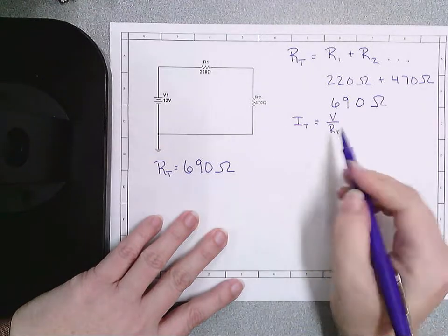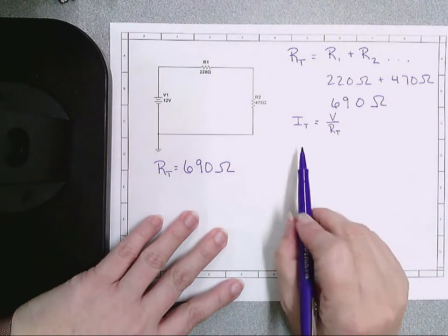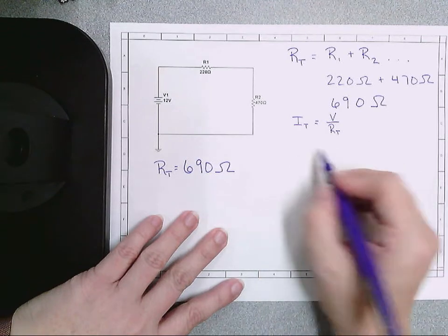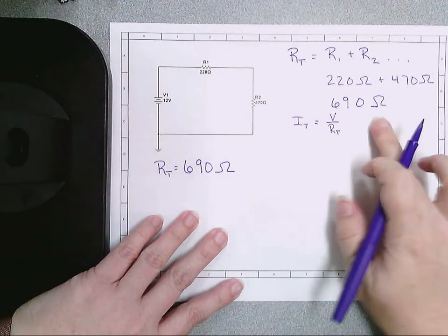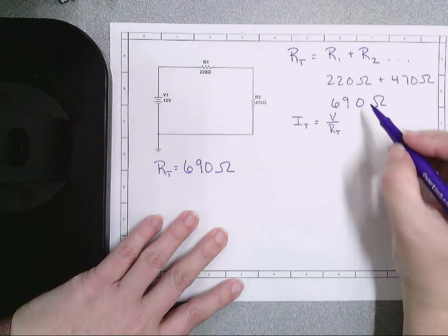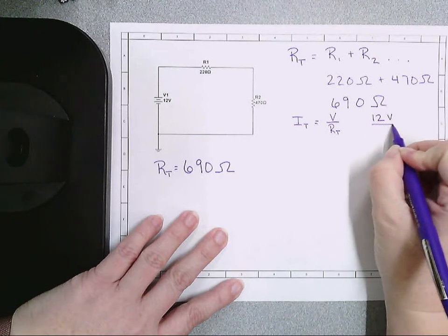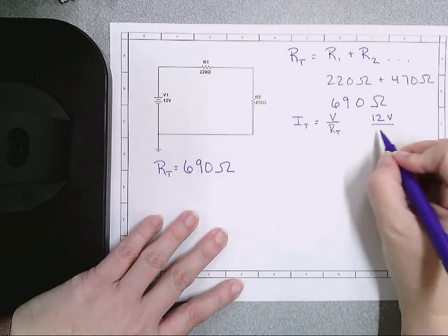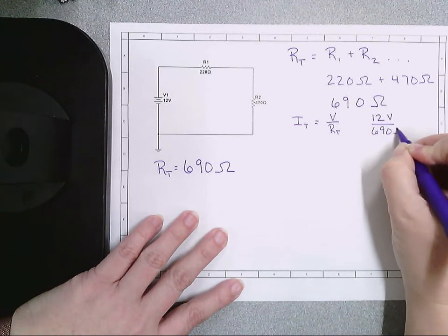Okay, the total resistance. All right. And so when we do that, we have the voltage. I'm going to go over to this side so that we have room for everything else. The voltage is 12 volts, and divided by this number right here, the 690 ohms.